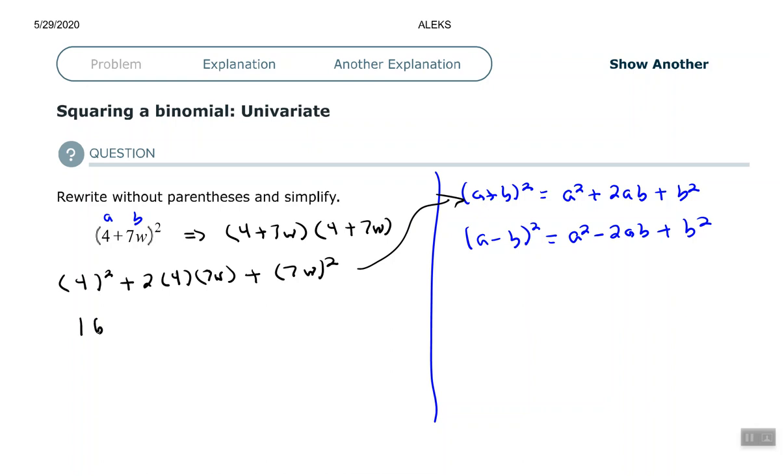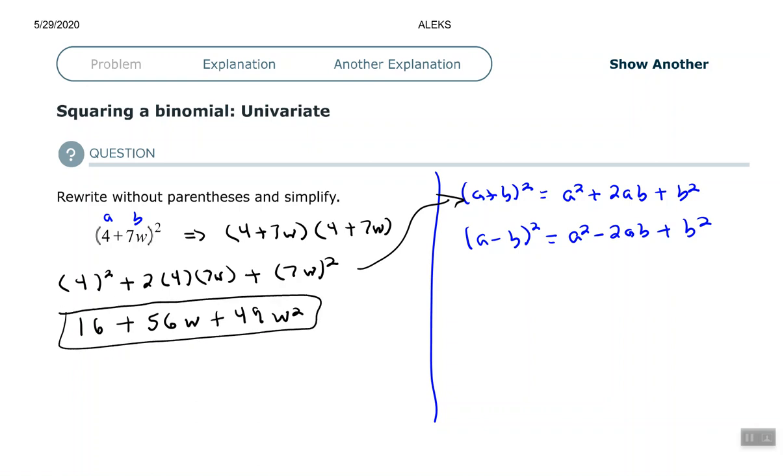So 16 plus, what do we have? 8 times 7, 56w plus 7w squared. Square each one of those, so 49w squared. And you can leave your answer like that. We would normally write it in descending variable order, but either answer would be okay.